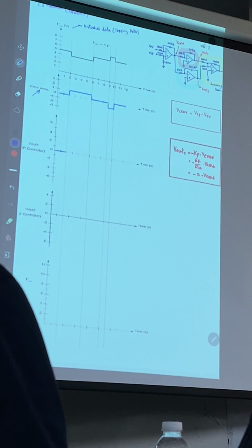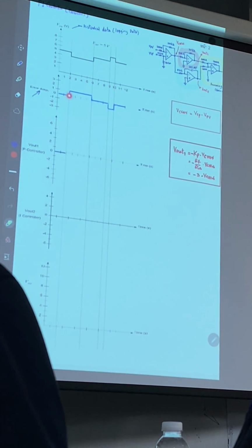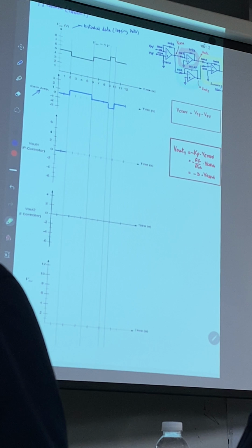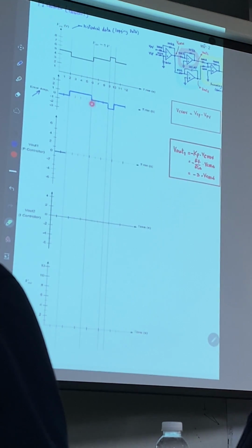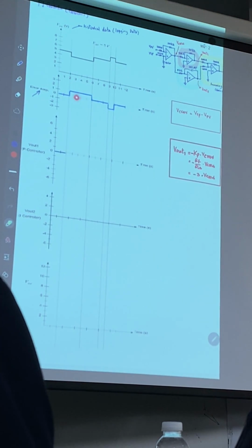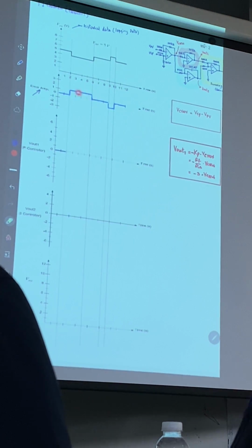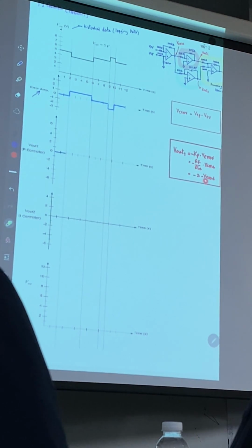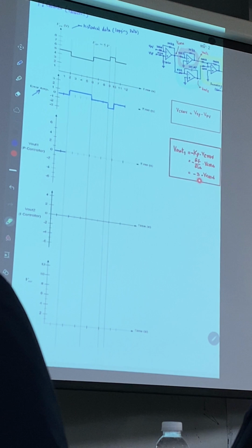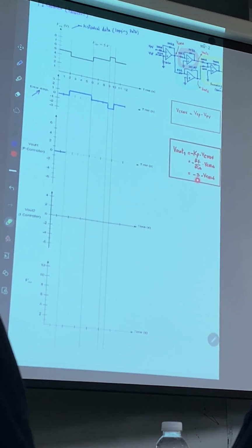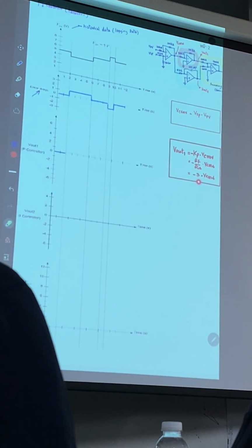And then the next interval here, you have the error of plus 1. So plus 1 times minus 3, then you will have minus 3.